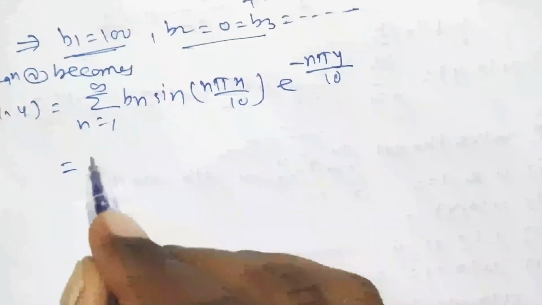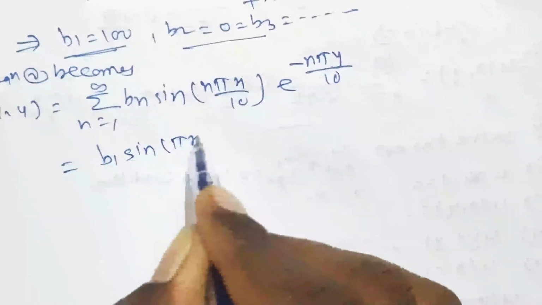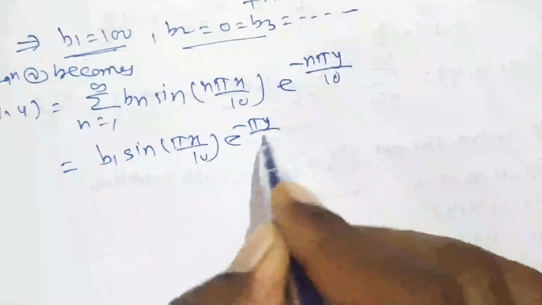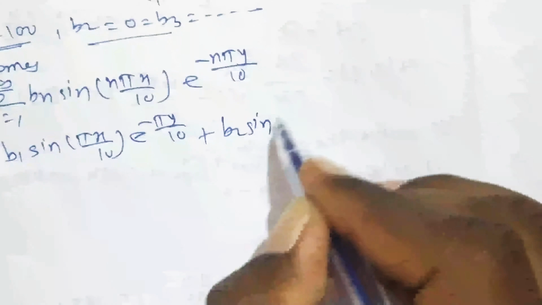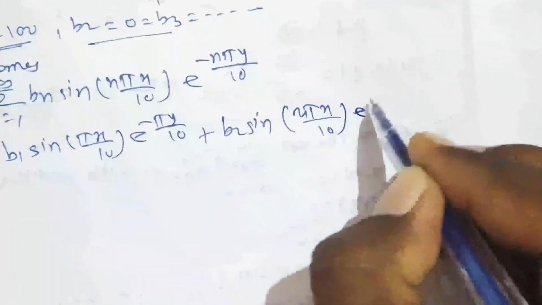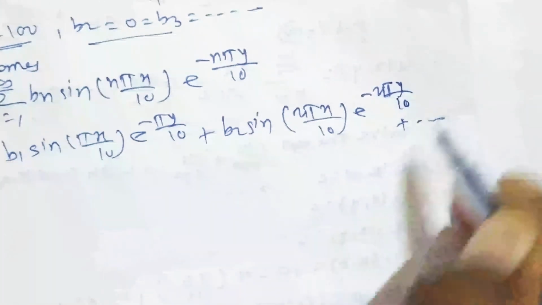If we put n equal to 1 here, then we get b1 sin pi x by 10 into e to the power minus pi y by 10 plus b2 sin 2 pi x by 10 into e to the power minus 2 pi y by 10 plus so on.